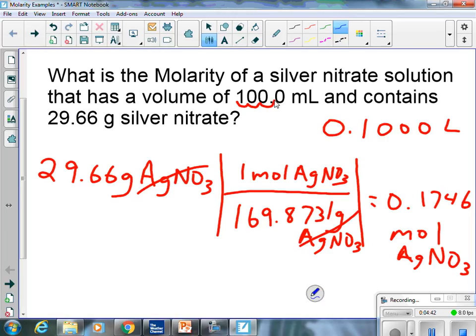So now that I have my moles, this is nothing, that's just a little flux capacitor guy.